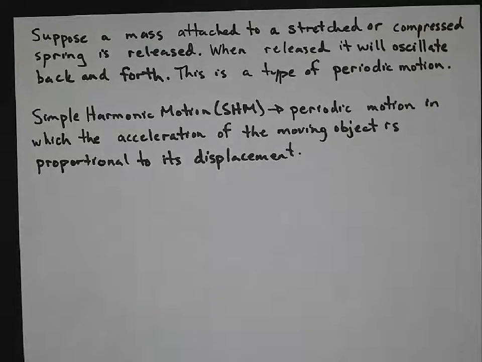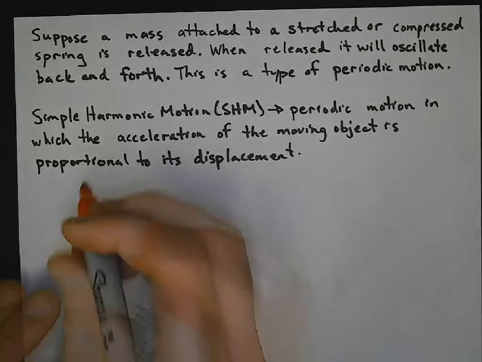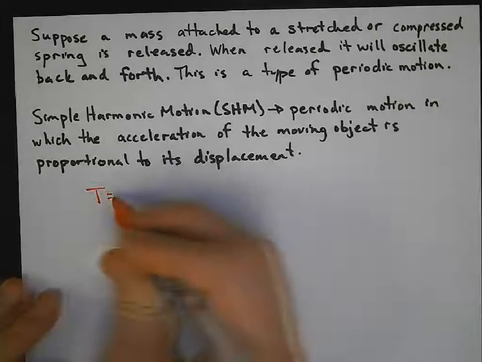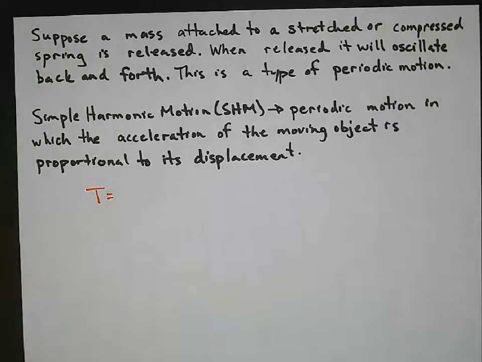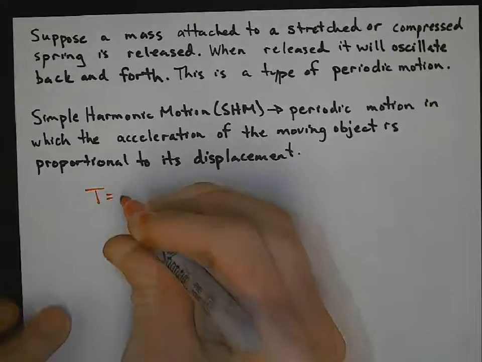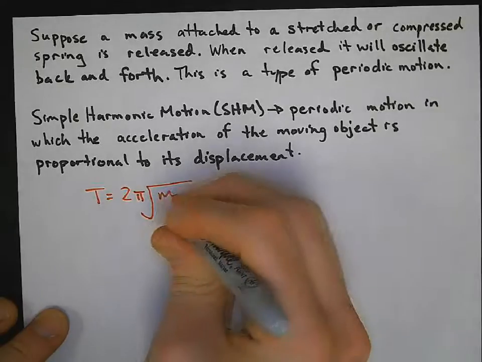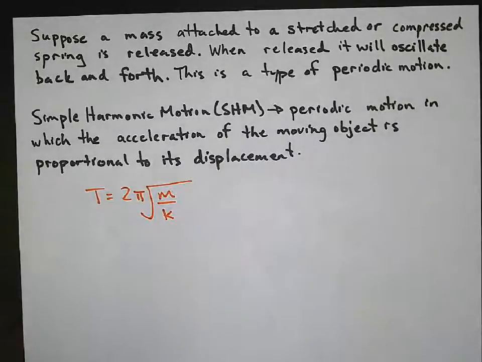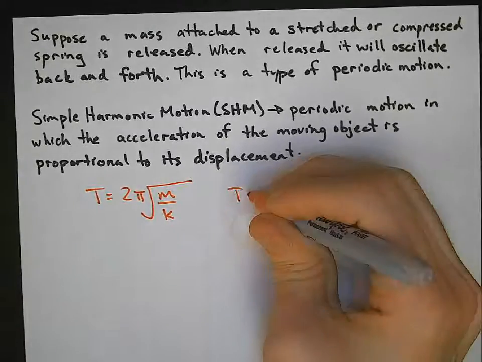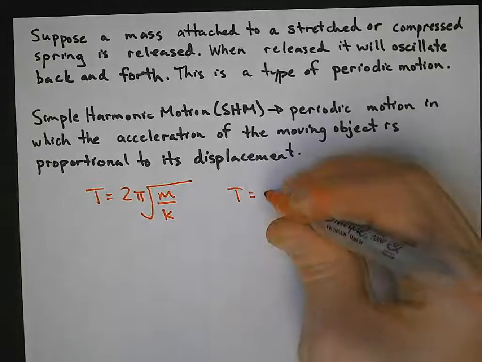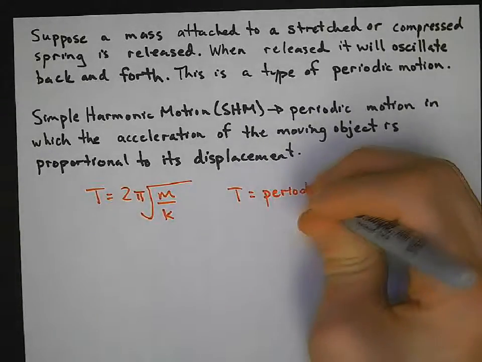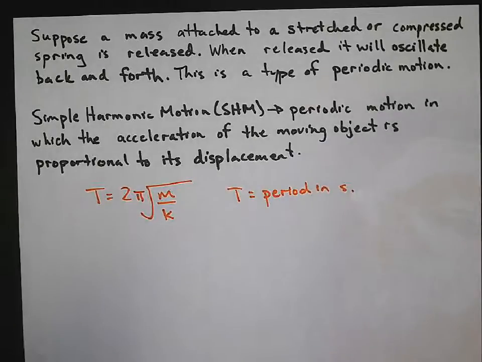The force is greatest at the farthest distance away from its resting position and lowest when it's at resting position. And we can determine the period of a simple harmonic motion merely by taking 2 pi square root of m over k. And remember, T is the time it takes to complete one motion, and this will be our period in seconds.